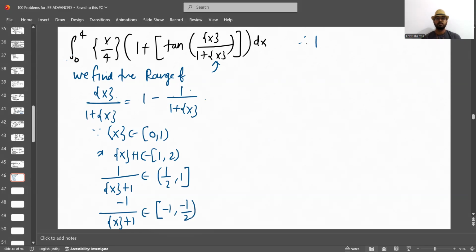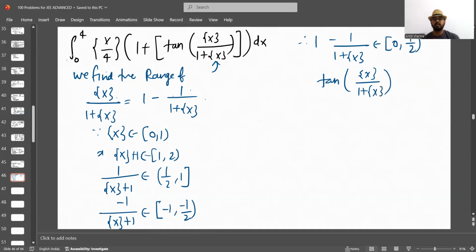So now if I add 1, I get 1 minus 1 over 1 plus fractional part of x belonging to 0, closed, to half, open. So this entire quantity is between 0 and half. We know that tan of this is going to be less than 1, because tan becomes 1 at pi by 4. So this implies the GIF of tan of fractional part of x over 1 plus fractional part of x is equal to 0.